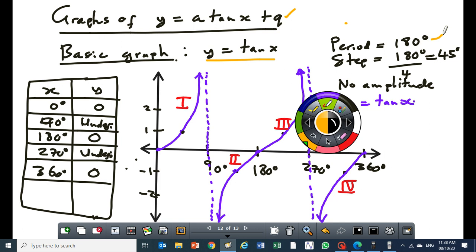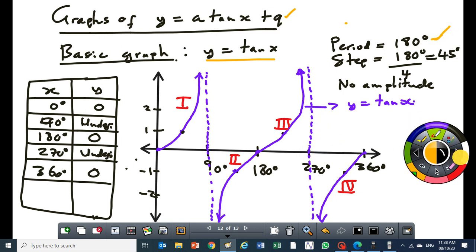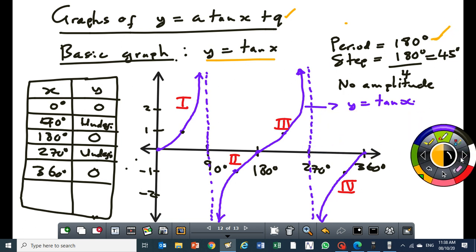When you want to find the step for the tan graph, it's not 90 degrees like for the sine and cosine graph. The step on the calculator is going to be the period divided by 4, which will give you 45 degrees. So when you are putting your step for the tan graph in this grade, you put 45 degrees if you are asked to sketch it.